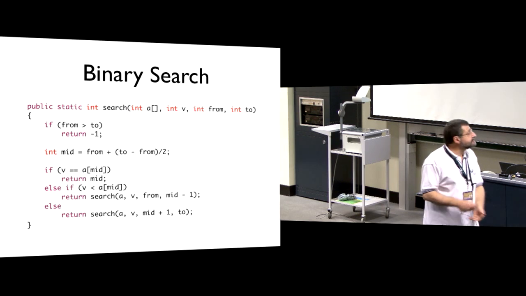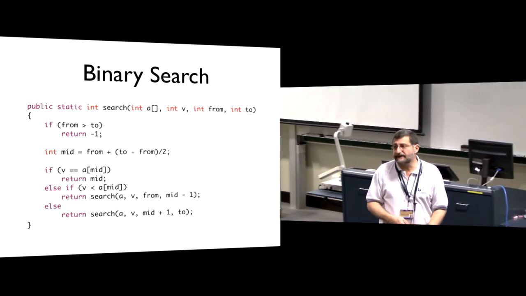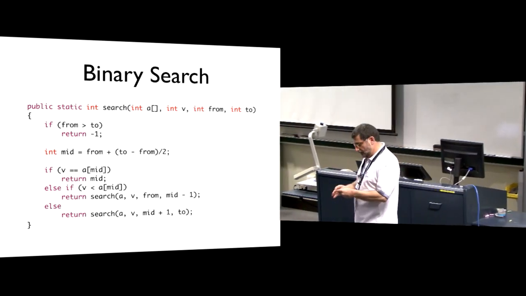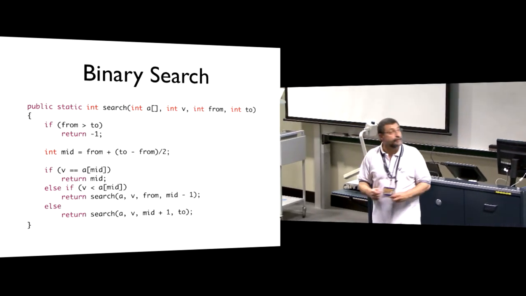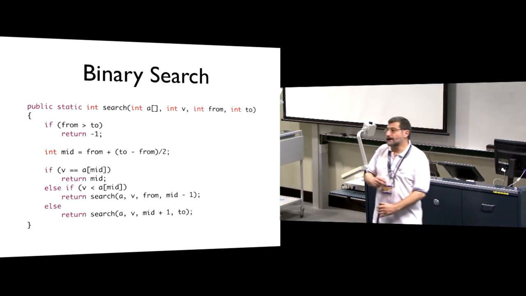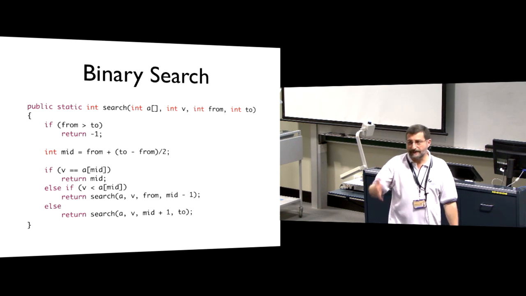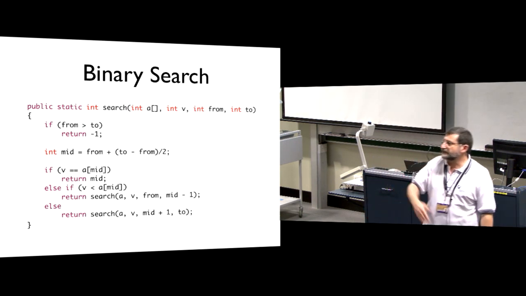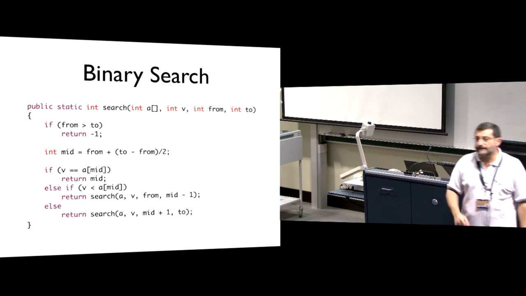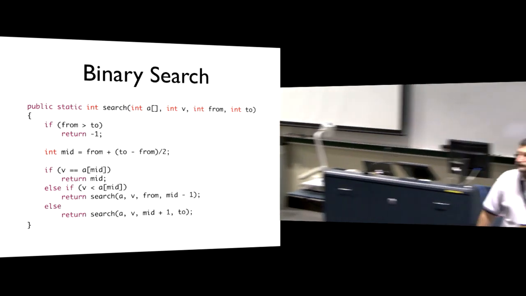So a recursive function is pretty much always structured like that. It'll have some if statements that check for termination, and then something else that says if you're not terminating, here's the recursive part. Right?